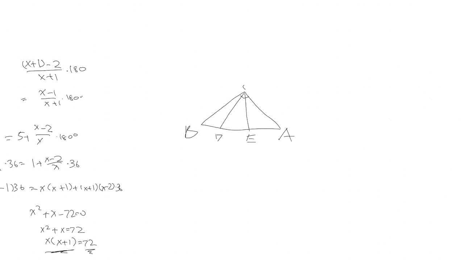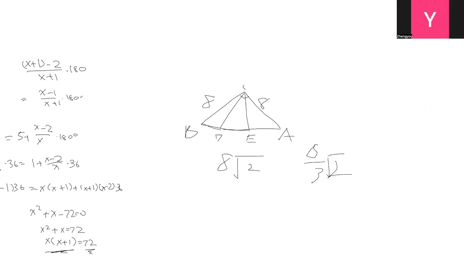Since this is an isosceles triangle, then BC is 8. So AB is 8 square root 2. So that means AE equals BD equals DE equals 8 over 3 root 2, because BD, DE, and AE trisect AB.